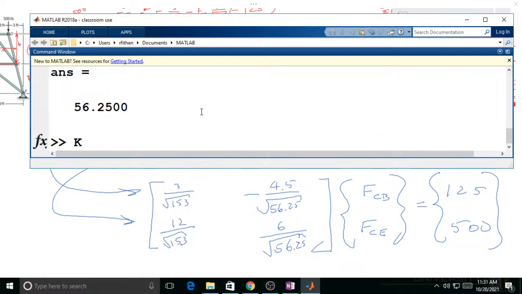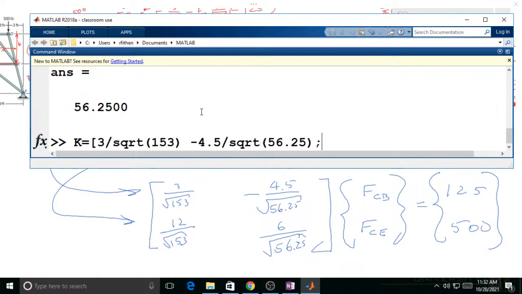So we'll start with K, make a K matrix. 3 divided by the square root of 153. Okay, and I goofed up there. Then minus 4.5 divided by the square root of 56.25.